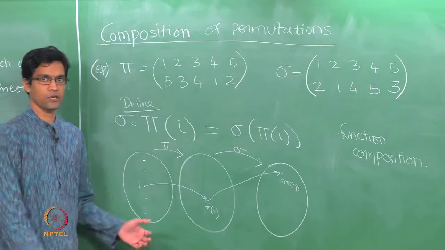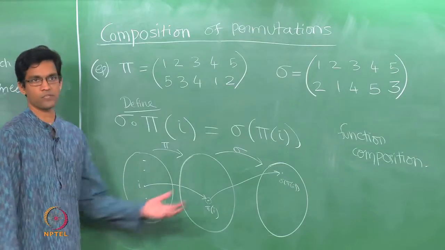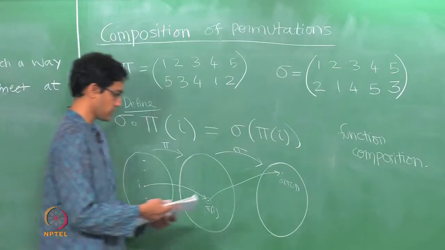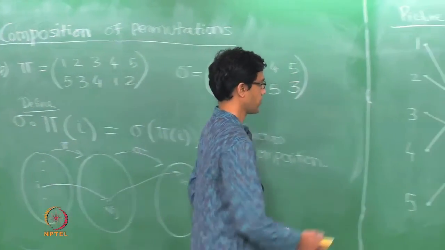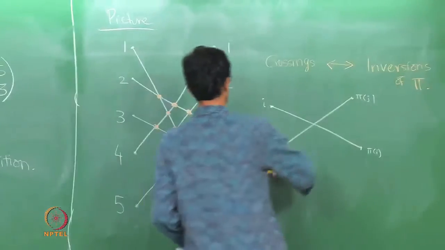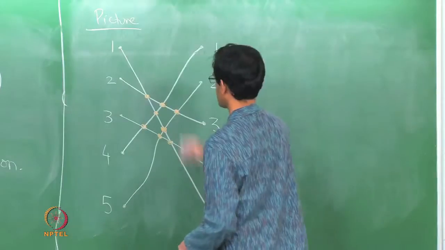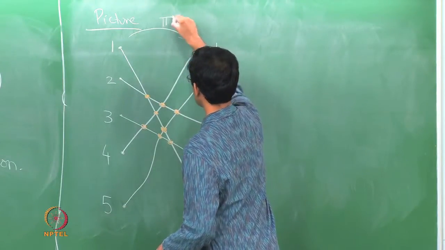Okay, so composing two functions is best done in this pictorial setup. So let us actually do it for these examples, because we already have one of these pictures up on the board. So here what I have is already the picture for pi.